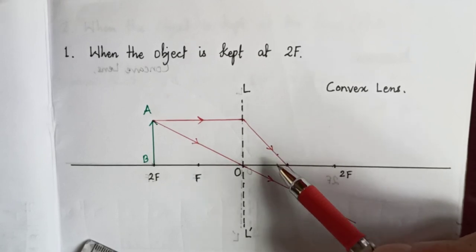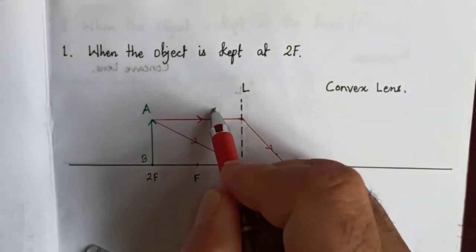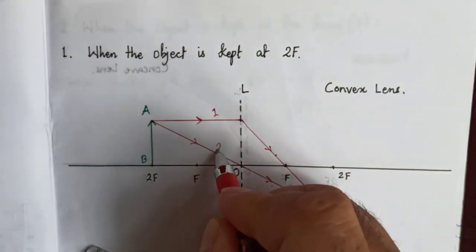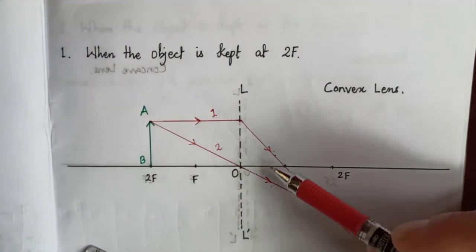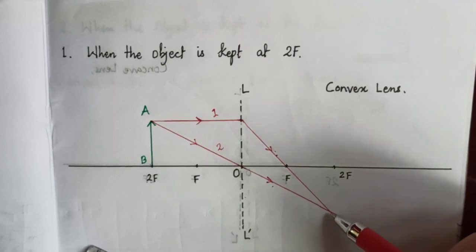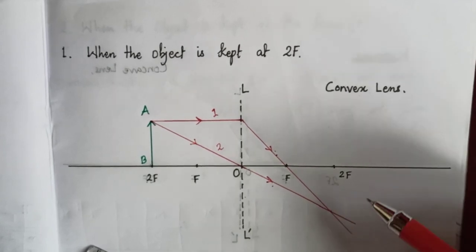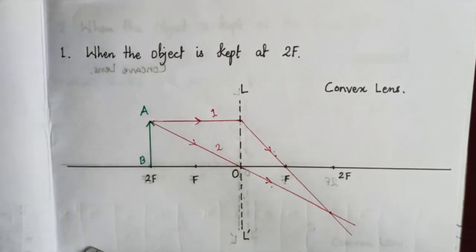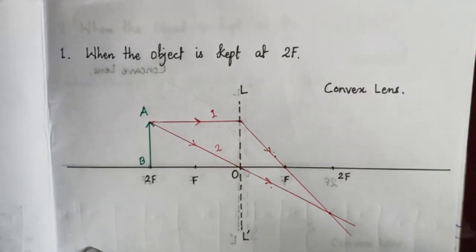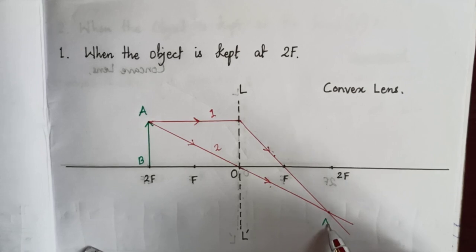These two refracted rays, I can call this ray number 1 and this ray number 2. These two refracted rays, after refraction from the lens, are actually meeting at this point. So let's say this light is coming from A, therefore I'll mark this point as A dash.